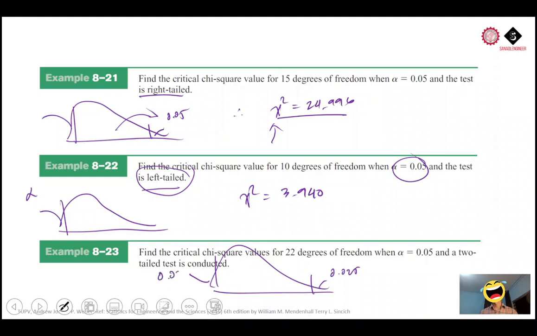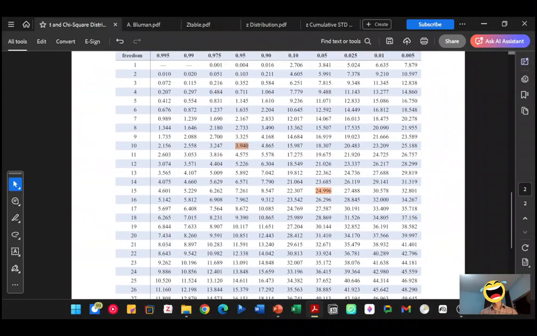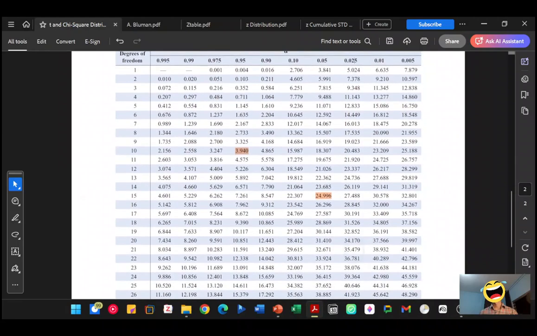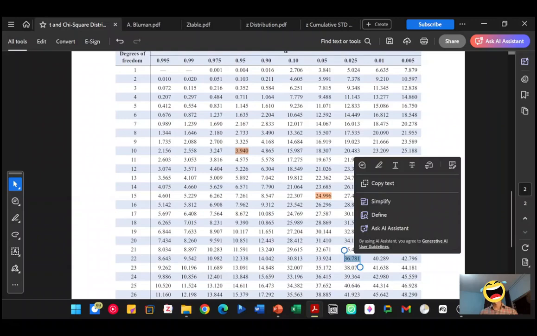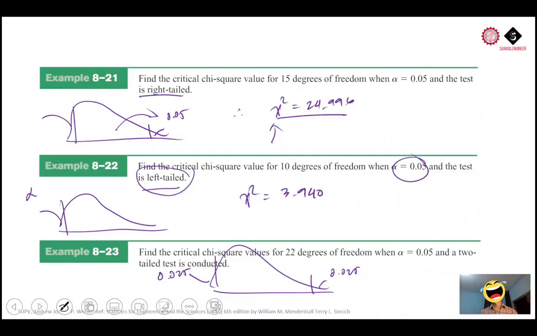This is 0.025. So 22 degrees of freedom. First, let's look at the right. 0.025, 22, so this is it. That's 36.781. Okay, this is left, this is right.